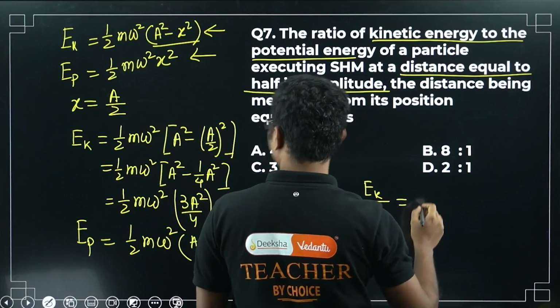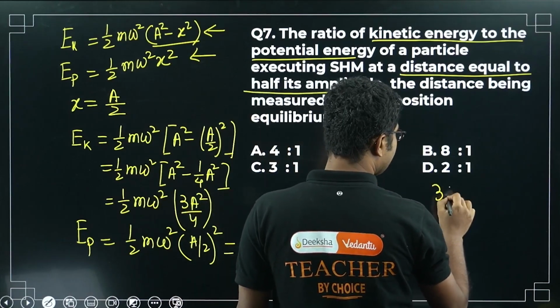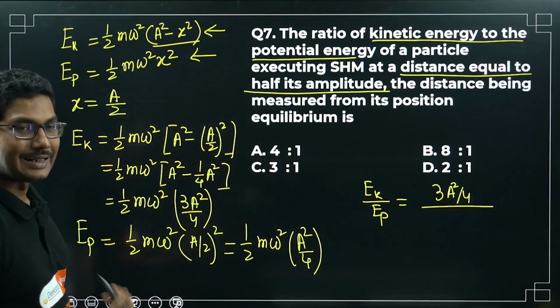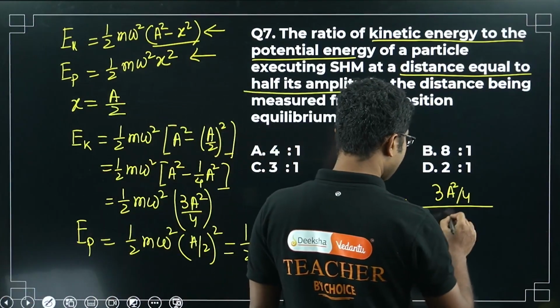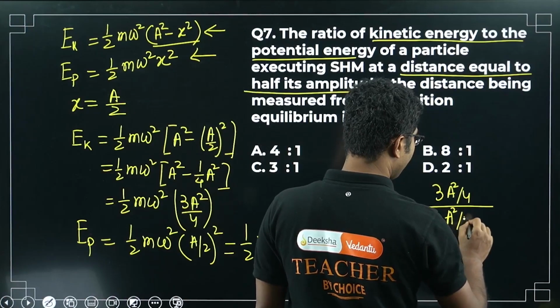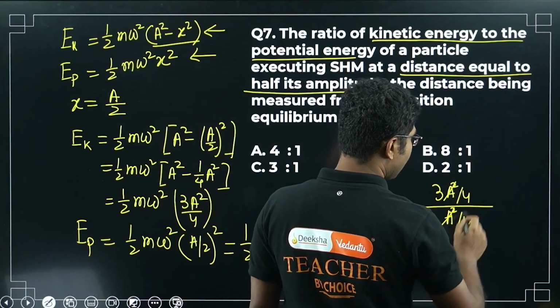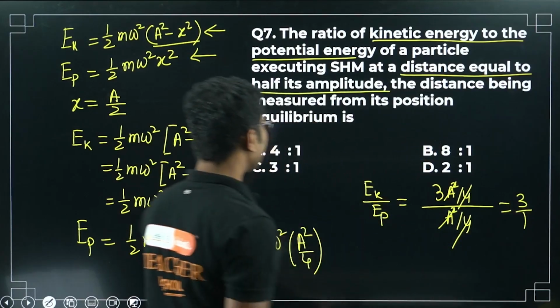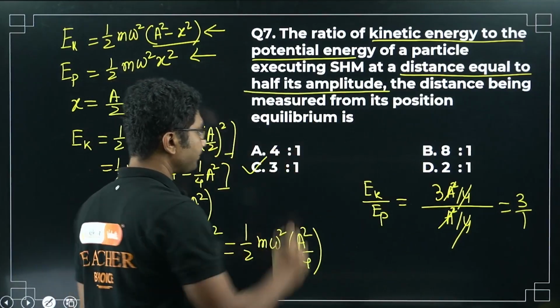Ek we have calculated as 3a square by 4. I can ignore the common term because they will cancel anyway. Potential energy is a square by 4. So a square cancels, the 4 cancels, and it leaves 3 by 1. So the ratio is 3:1.